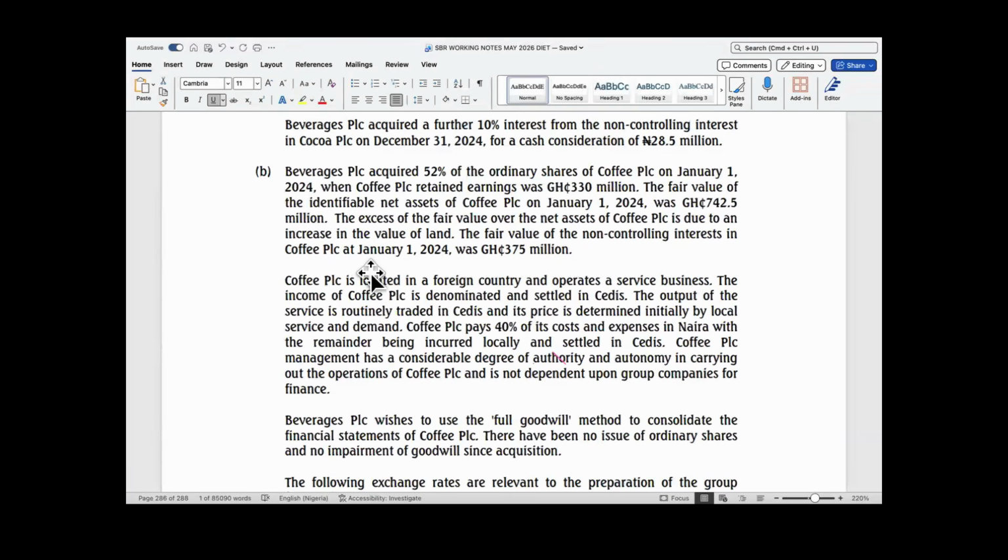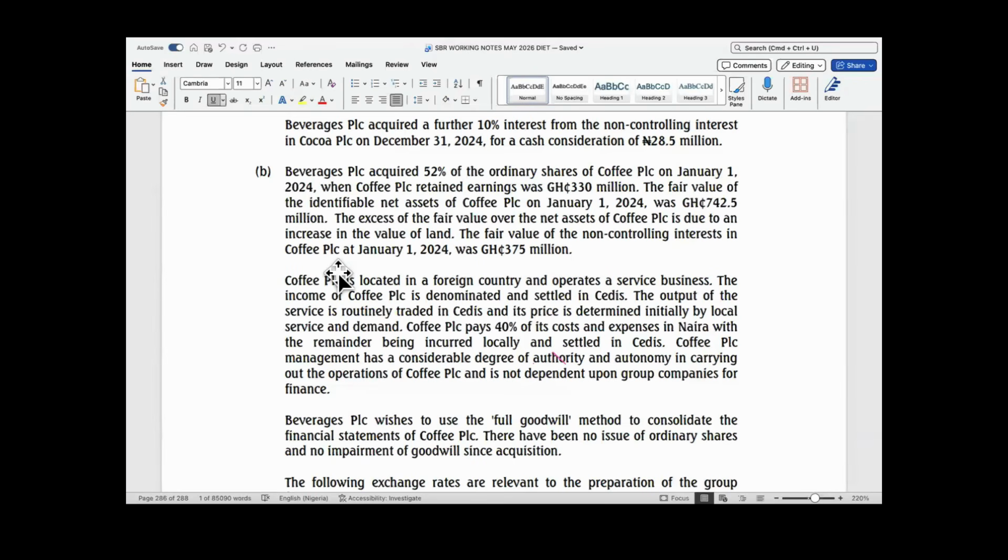I'm told that Coffee PLC is located in a country with a foreign currency and operates a service business. The income of Coffee PLC is denominated and settled in cedis. The output of the service is routinely treated in cedis, and its price is determined initially by local service and demand.